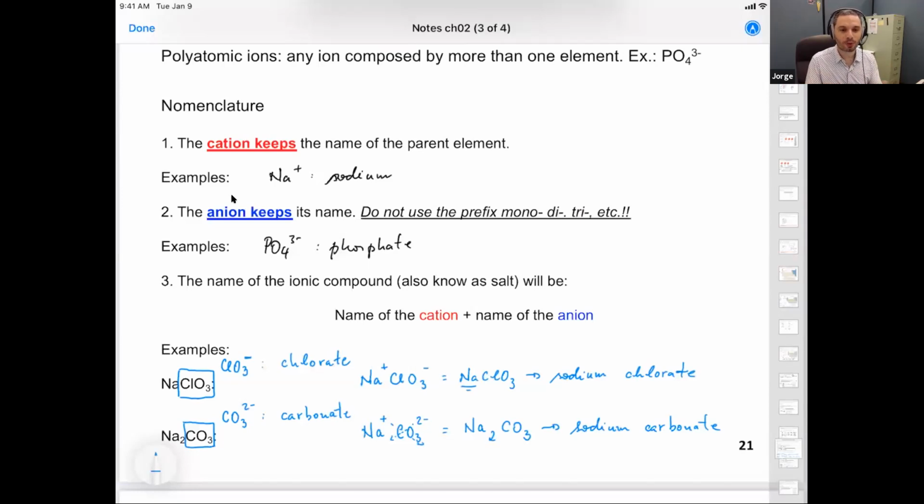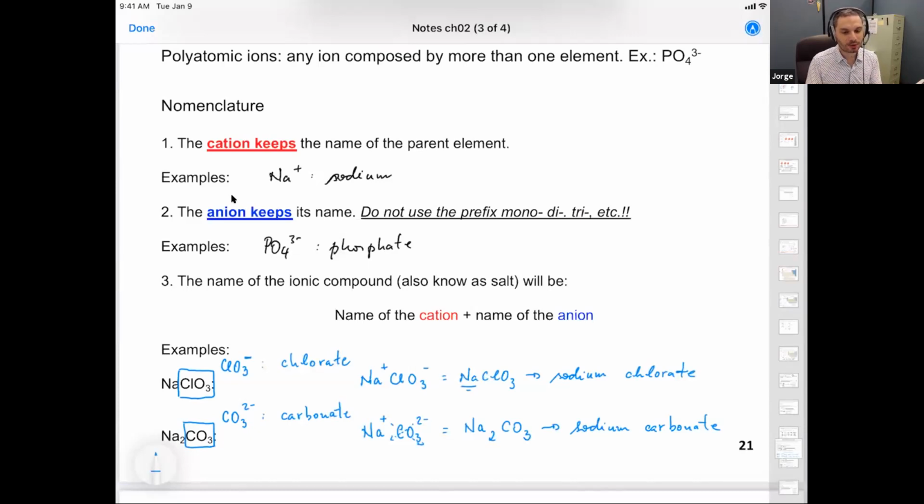And then when you combine the oxo anion with a cation, you can follow exactly the same rules and the same ideas that you used for simple ionic compounds. So one trick here is that the oxo anion will behave as a unit.